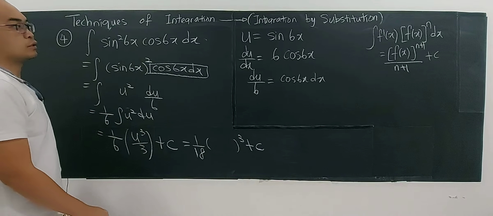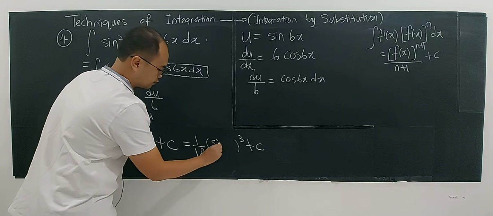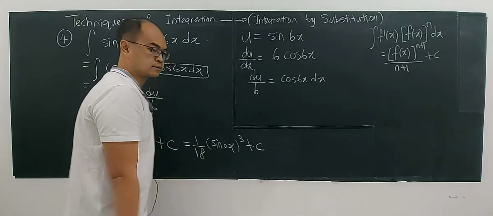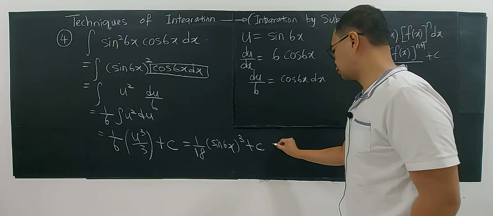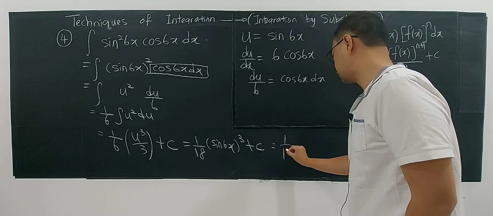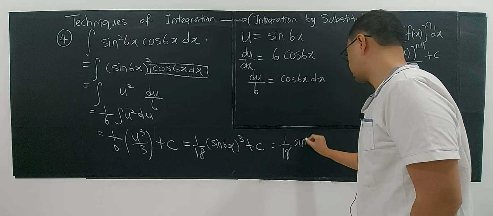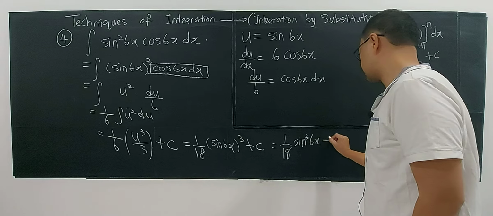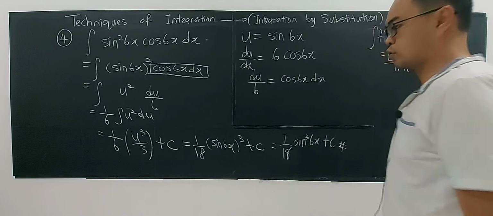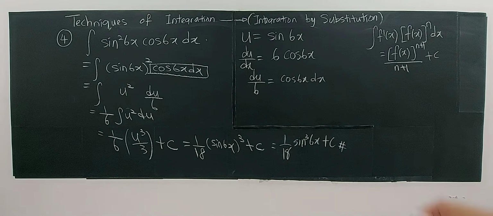What is u? U is sine 6x, right? Which will give you 1 over 18 sine cube 6x plus c. So with the technique of integration by substitution, I can solve this easily.